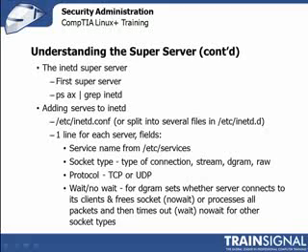The next field is protocol, which is either TCP or UDP. Then we have wait, no wait, which for dgram sets whether the server connects to its clients and frees the socket, that's the no wait option, or processes all packets and then times out, that's the wait option. You use the no wait option by default for other socket types.